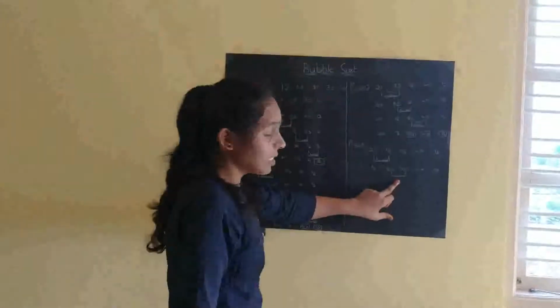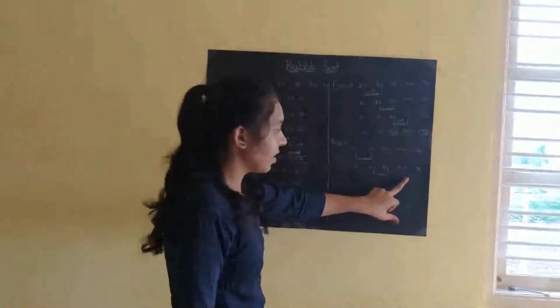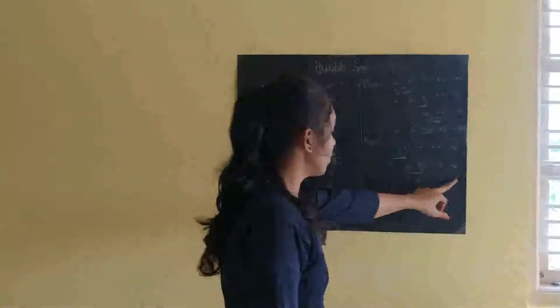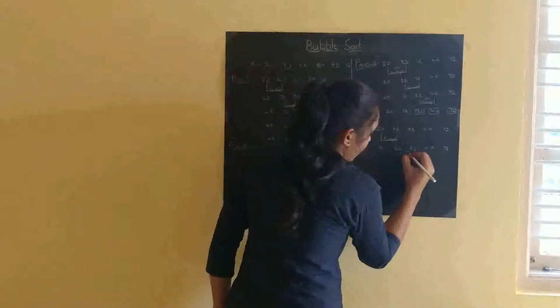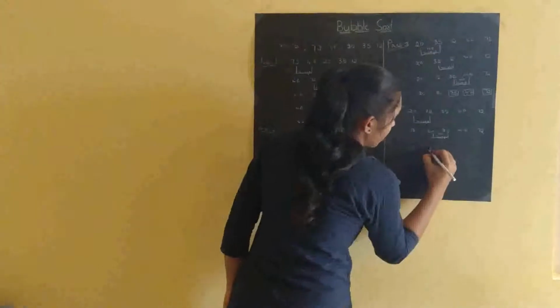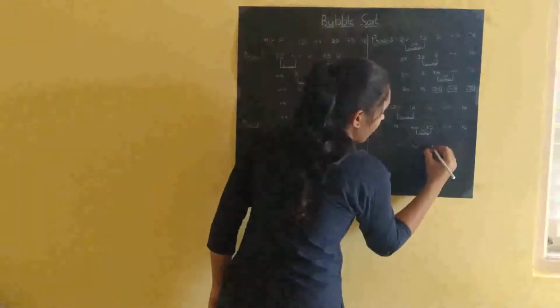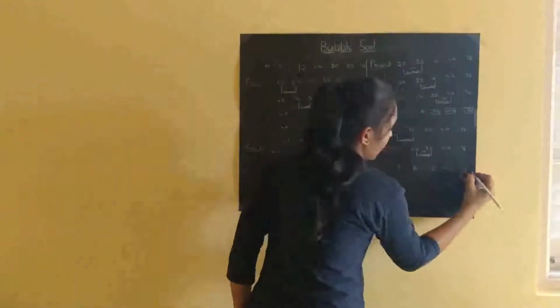We observe that 20 is less than 35 and next 35 is also less than 46 and 46 less than 72. So here there is no swapping. And the result will be 12, 20, 35, 46, 72.